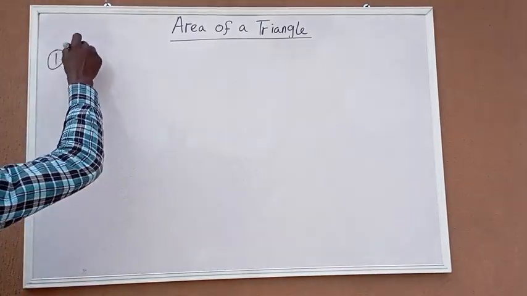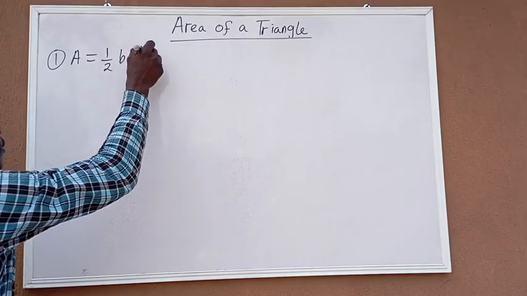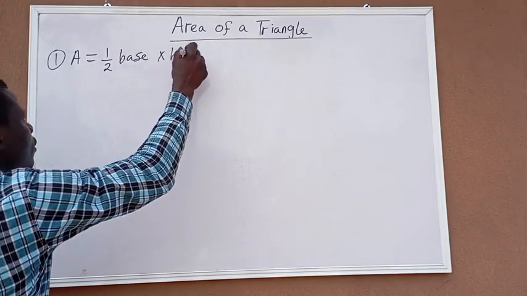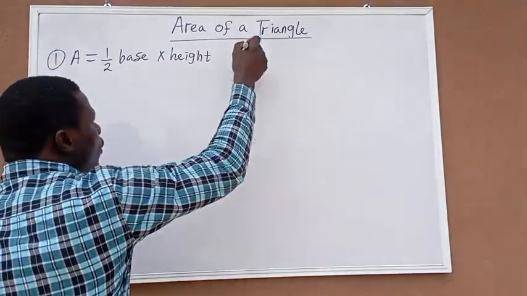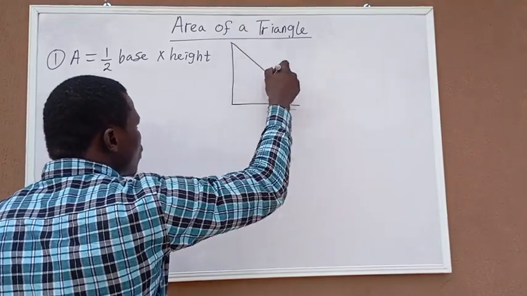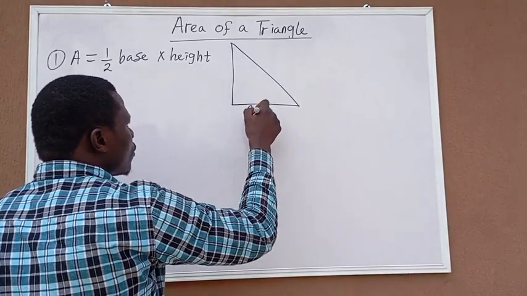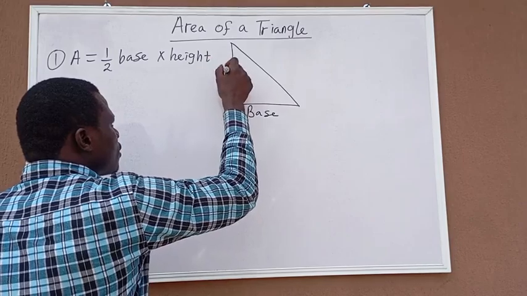Number one, area equals half base times height. We use this formula when you have a triangle like this, where this is the base and this is the height.